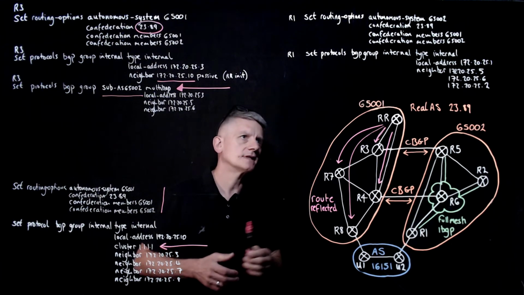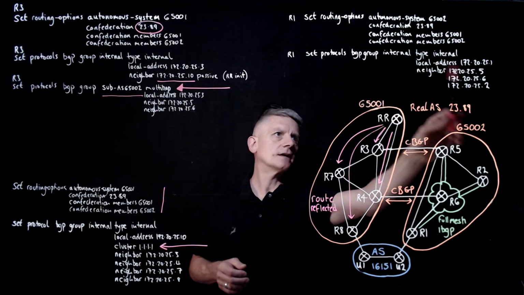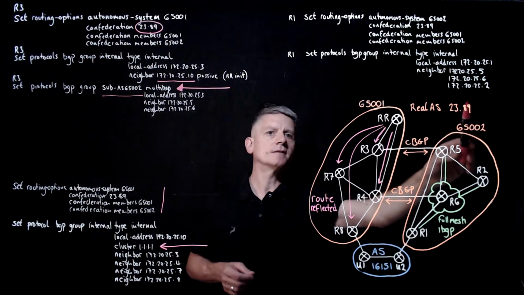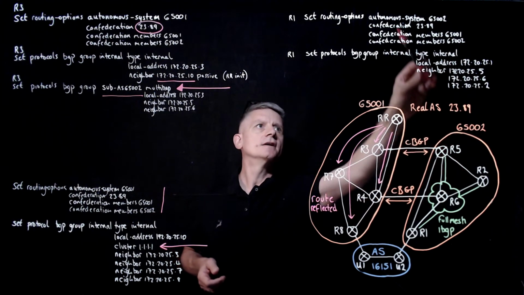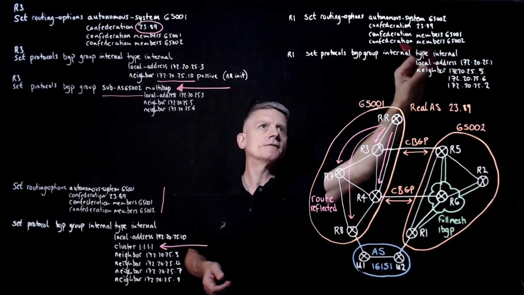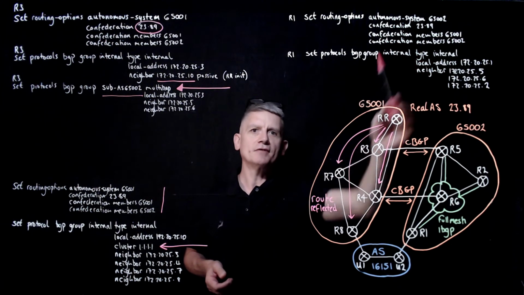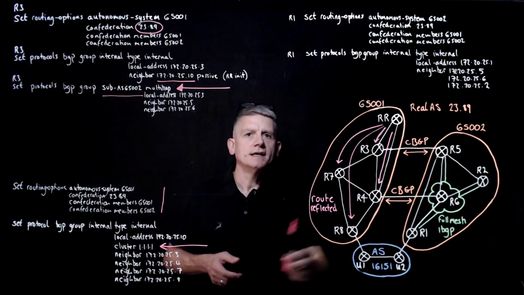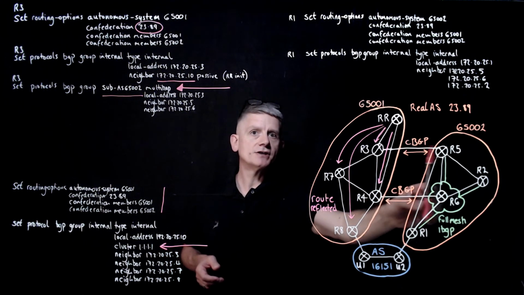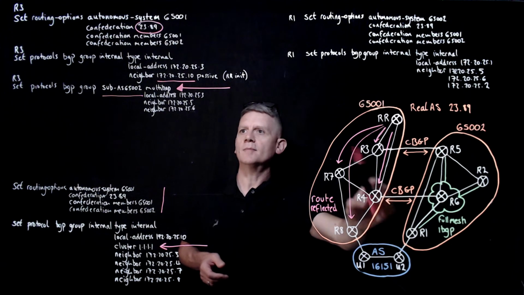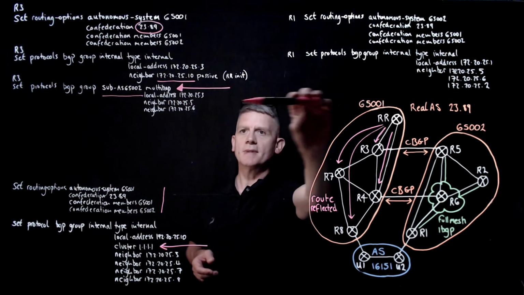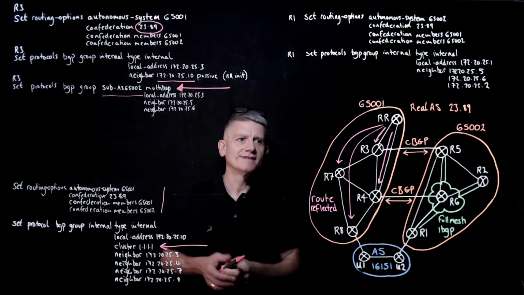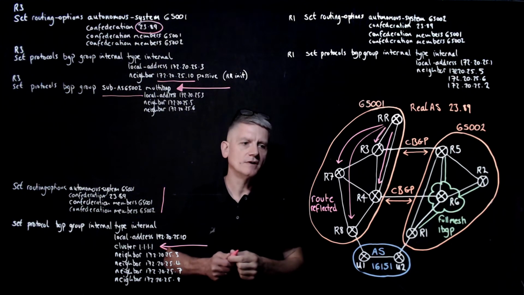Of course, we have the standard group internal, we have the local addresses, we have the neighbors, and as we've said, we have all of the configuration for the confederation. And on router 5 and router 6, it's going to be running this confederation BGP in the same way to match the statements on router 3 and router 4.